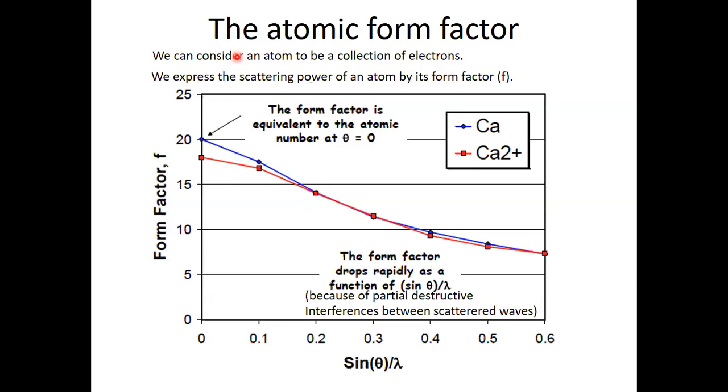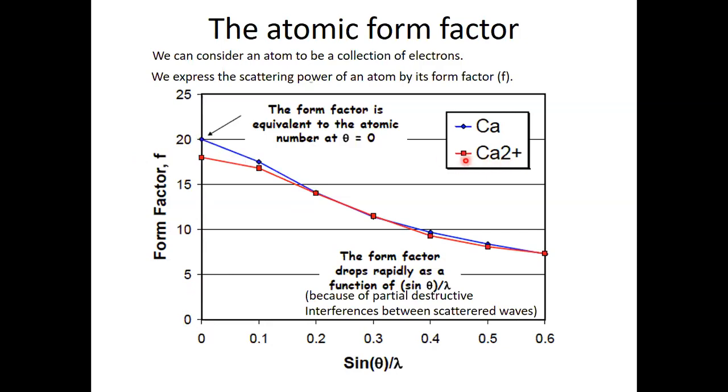Okay, so this is, however, only exactly true at a 2 theta value of 0. So for instance, for a calcium atom, the atomic form factor would be 20 because we have 20 times the scattering of a single electron.